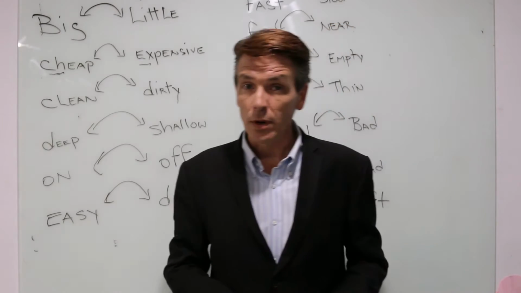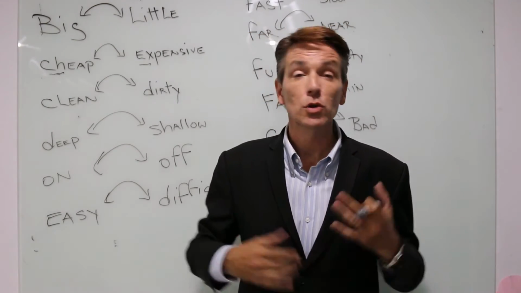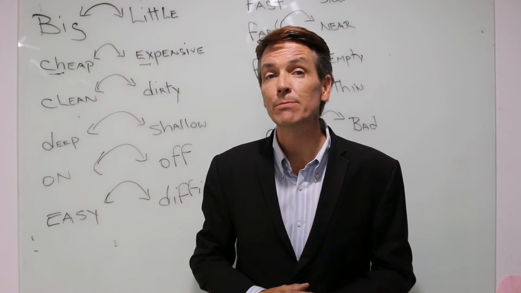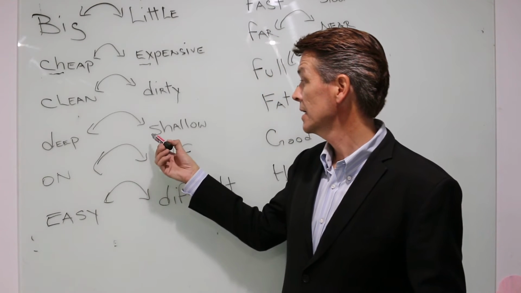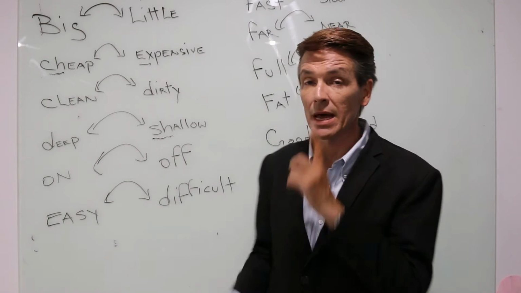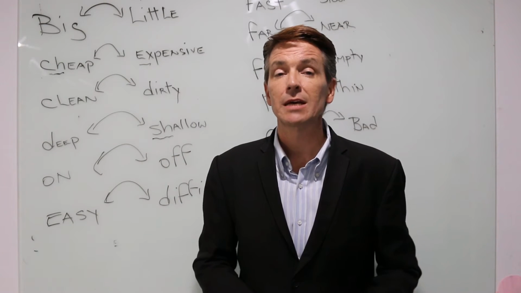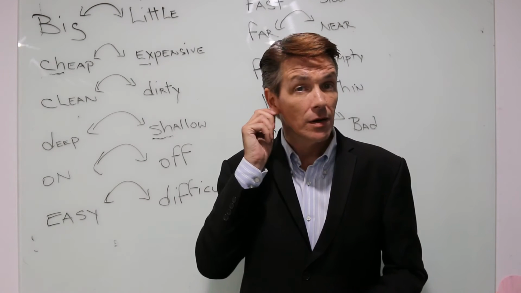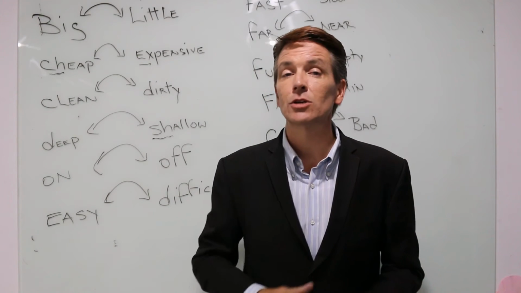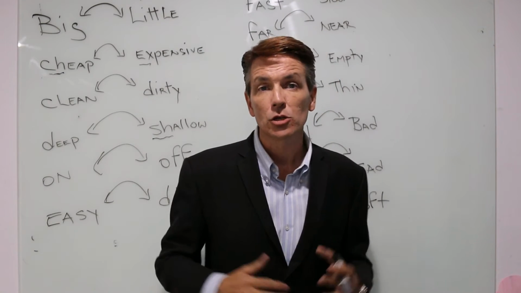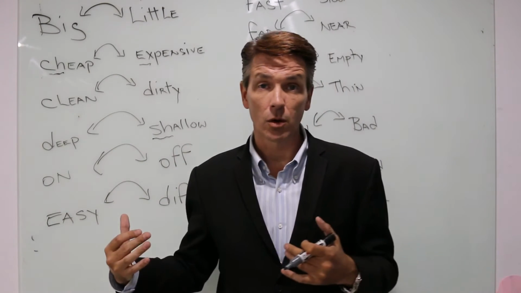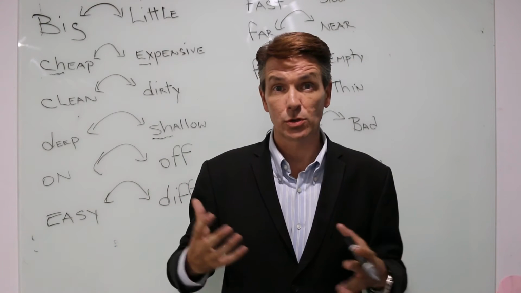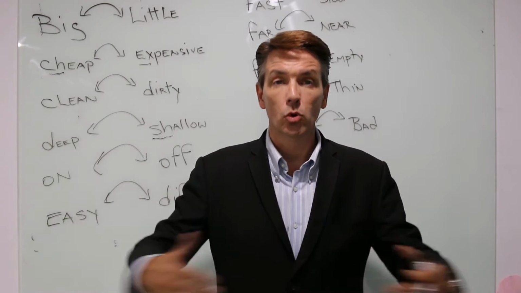Okay, next one. This might be a little new for you. So we have deep, and SH sound. Remember that sh sound. Shallow. So you can hear that SH. Shallow. Okay, so deep and shallow. A good example of where to use those two is in a pool.